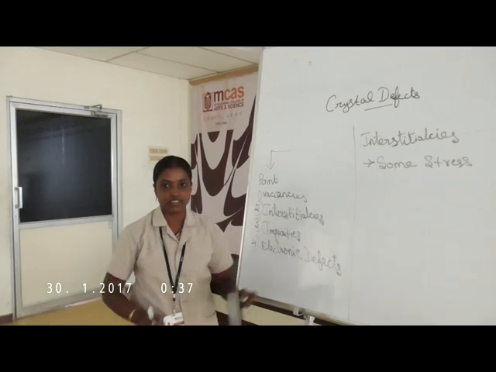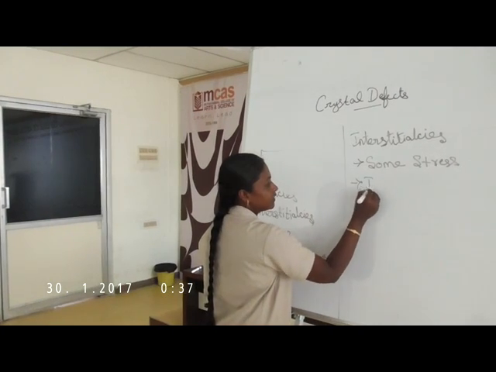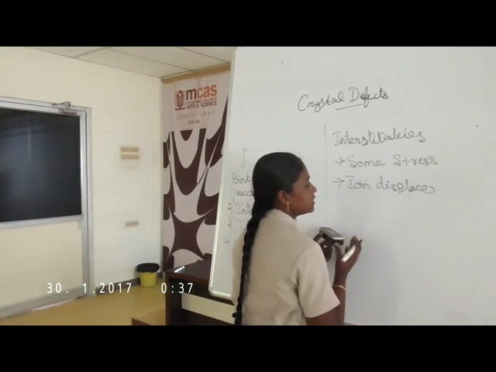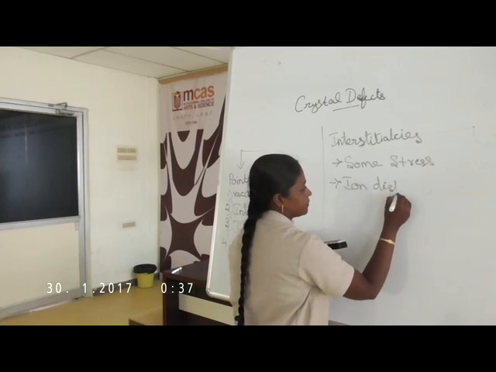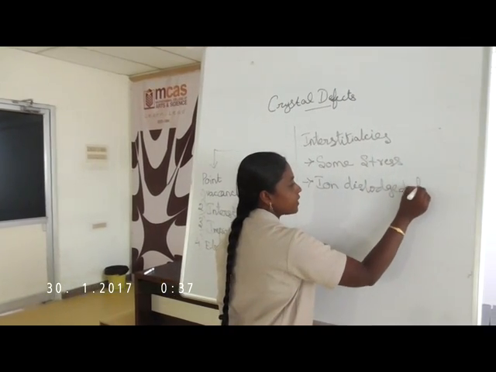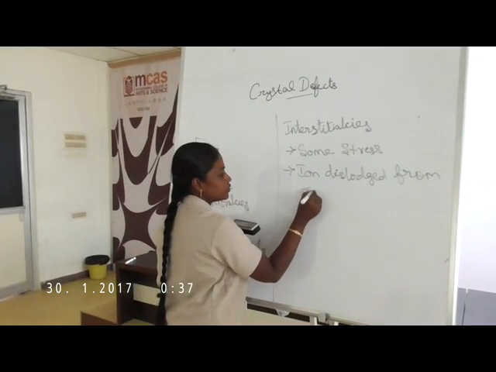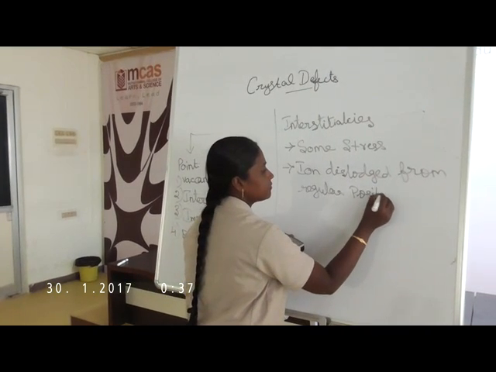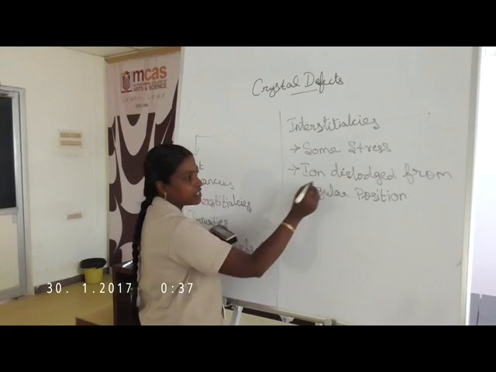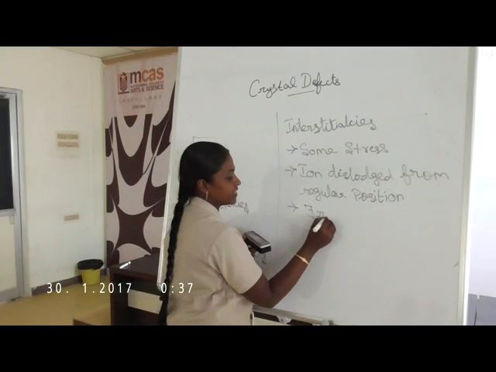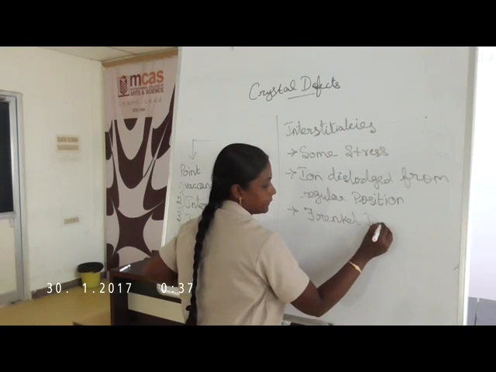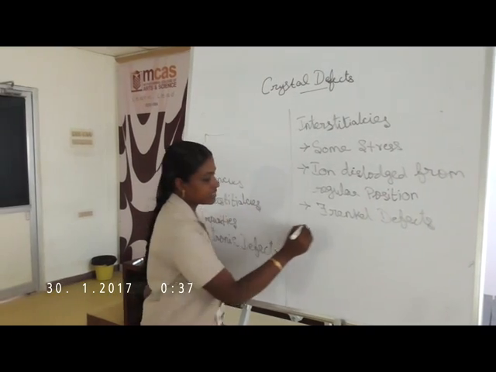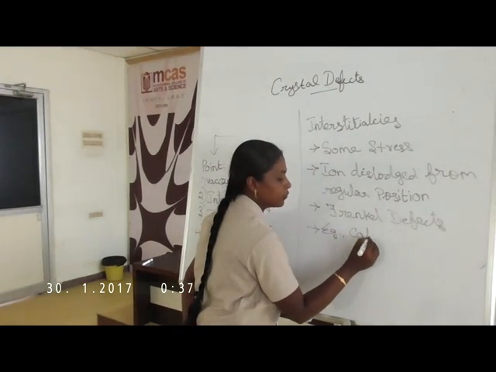That is called an interstitial. The ions are dislodged from their regular positions by stresses. This ion-dislodging defect is called a Frenkel defect. Example, calcium fluoride.